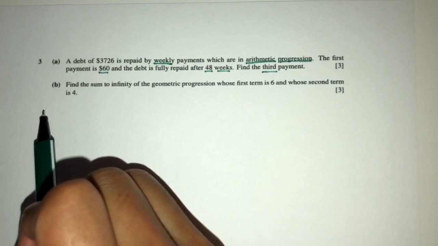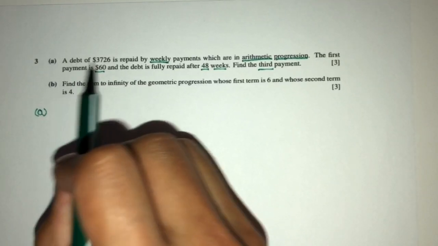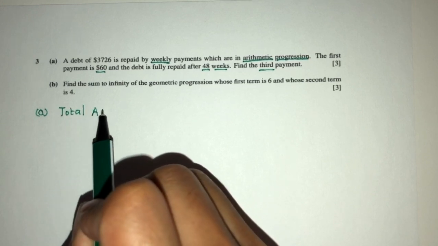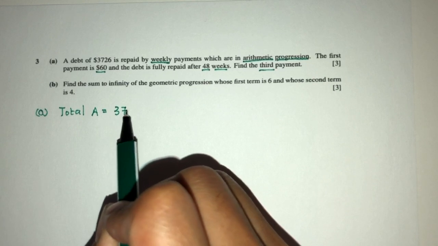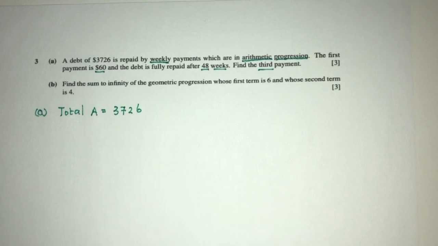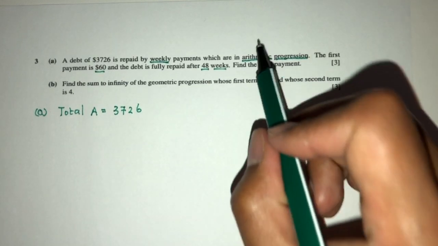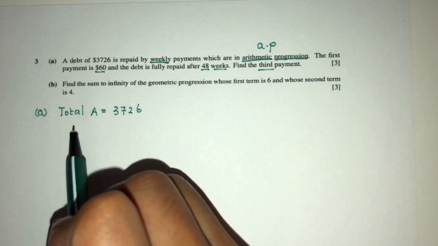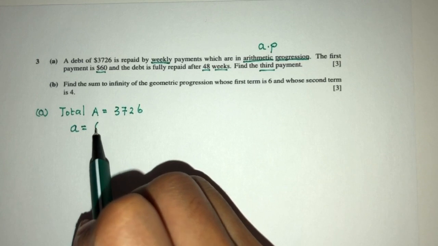So part A, we know the total debt amount is equal to 3,726, right? And also we know that it is an AP, given to you by the question. And the first term, we call this A. First term is given by 60.